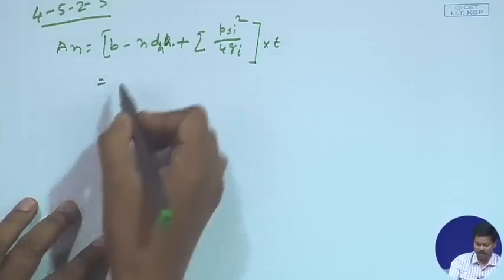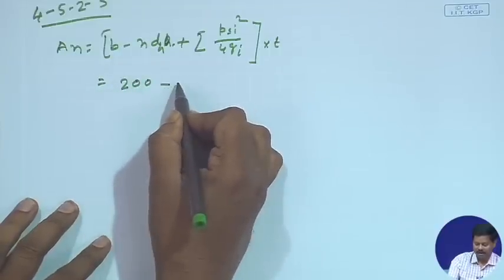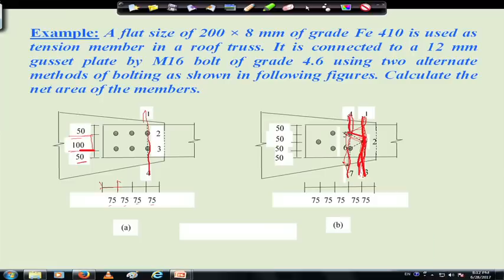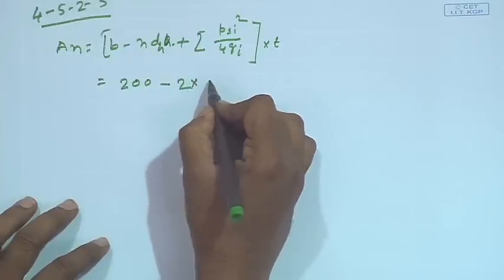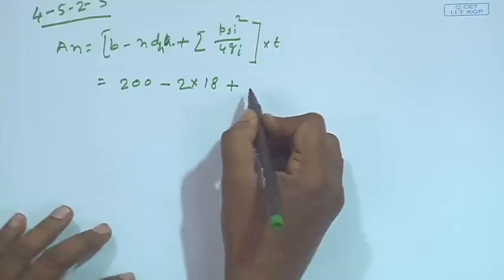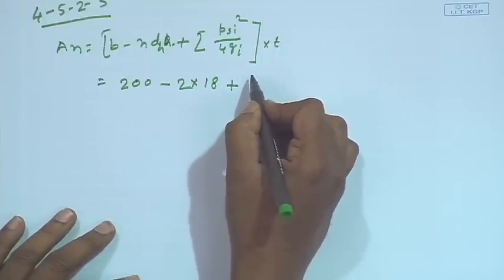If I calculate this, I put the value B is 200 minus n, which will be 2, because it crosses 2 bolts, 5 and 2, right. So, 2 into 18 plus only one inclined length is there, so that I have to find out.